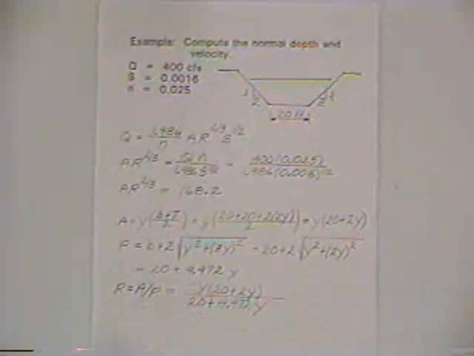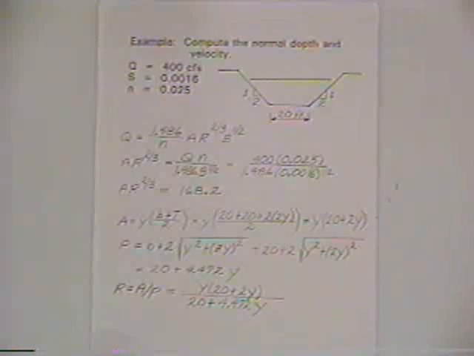In this example, the discharge is given. So either the geometry is given and you compute the discharge, as in the previous example, which is a direct solution, or conversely, the discharge is given and you want to compute the depth. This is a design type problem where you've got a channel conveying water, you know the discharge, and they ask you how deep the channel has to be to convey this discharge.